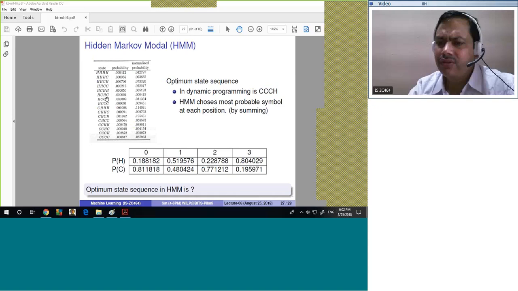So the hot and cold probabilities are these, and therefore the more probable state for the first day is cold, the next day is hot, the third day is again cold, and the fourth day is again cold. Sorry, it's hot. Okay, CHCH using this formulation.